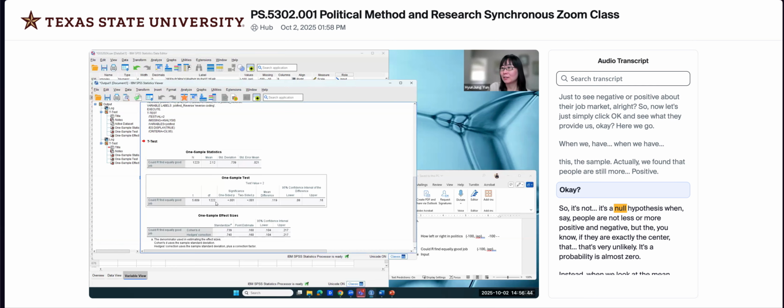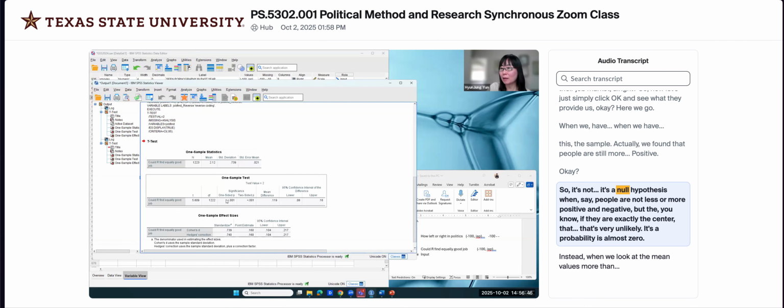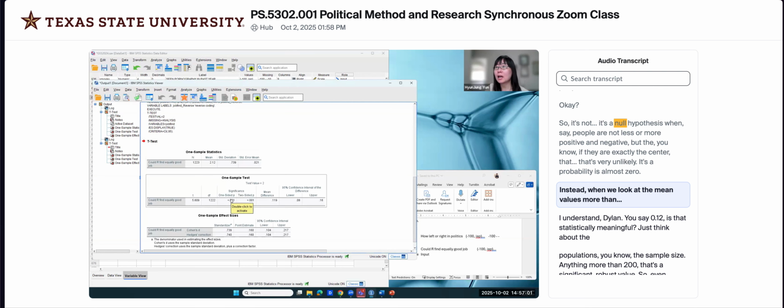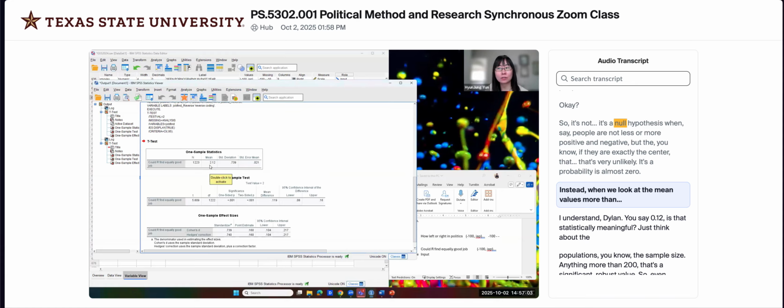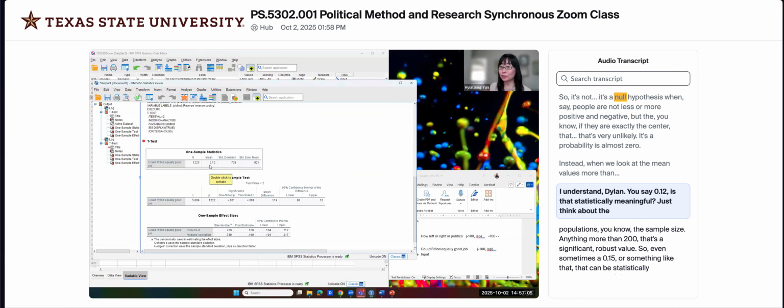Okay, so it's a null hypothesis when we say people are not less or more positive and negative, but if they are exactly the center, that's very unlikely. The probability is almost 0. Instead, when we look at the mean value, it's more than 2.